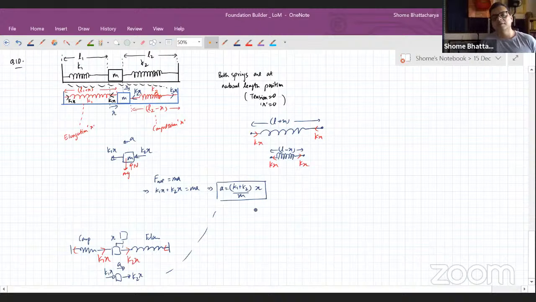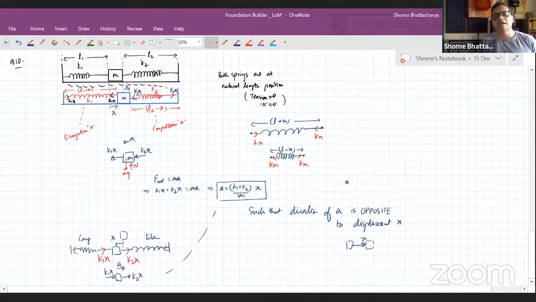So it will have an acceleration such that the direction of the acceleration a is opposite to the displacement x. If the displacement is towards the left, the acceleration is towards the right and vice versa. But the magnitude of the acceleration each time is this.